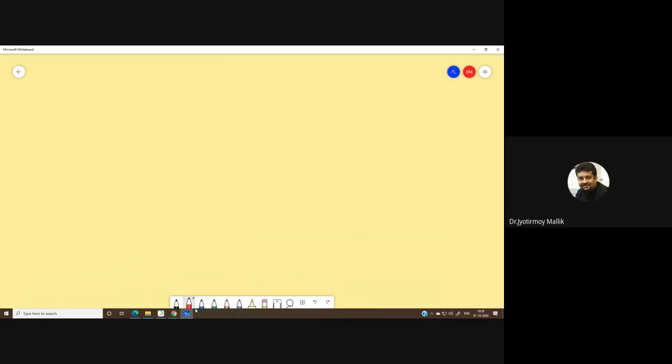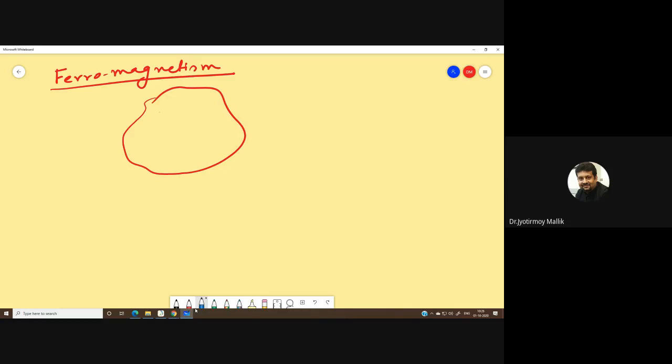Now, of course, for ferromagnetism, what I observe is that I have randomly oriented magnetic moments. Then I put them in some external magnetic field.